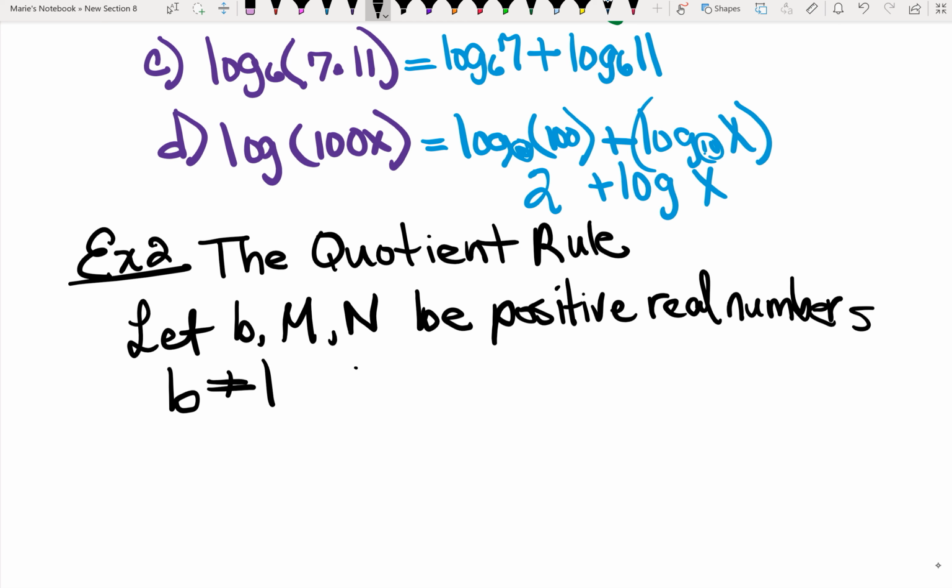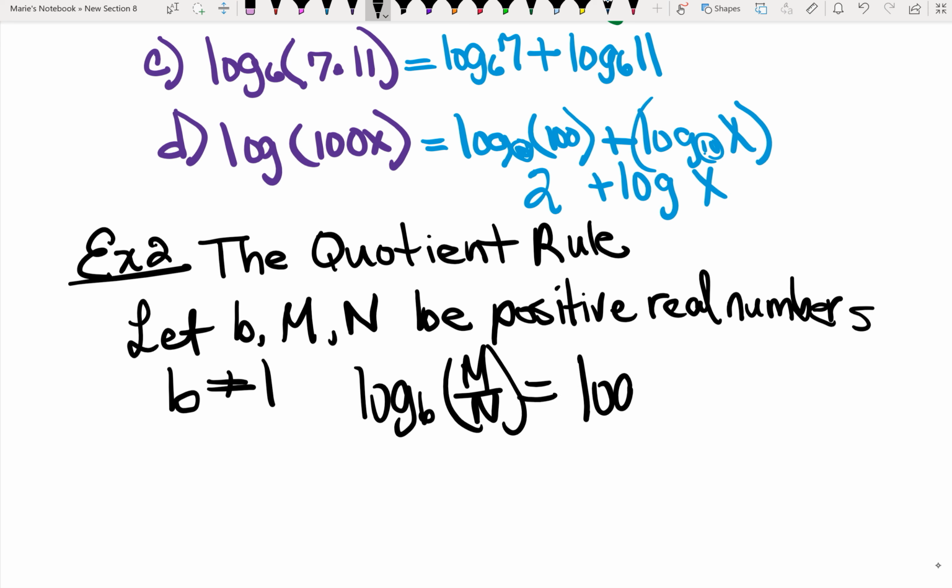Then we say that log base B of M over N is equivalent to log base B of M minus log base B of N. So basically the difference of the logarithms.